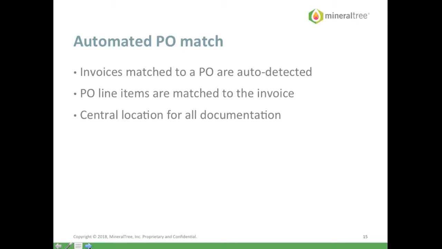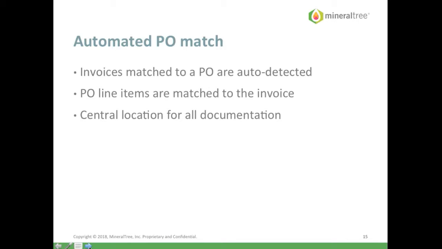So PO match, a lot of you said you're doing purchase orders. The ones that said you are not using purchase orders, you may be thinking about it, or perhaps it just is not suitable for your business. But when you're looking at automated PO match, the invoices are matched to an auto-detected PO.